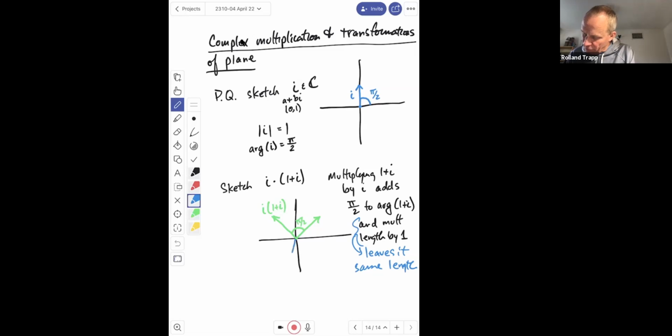Well, what would it do to this vector z? If that's z, it's still going to add pi over 2 to the argument. So that just means I go pi over 2 more, and it's still going to leave it the same length.